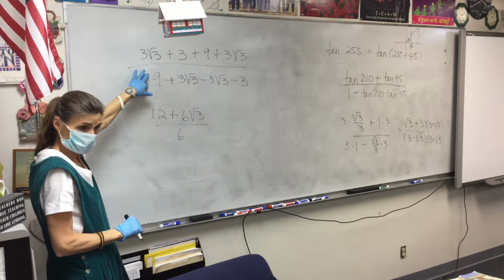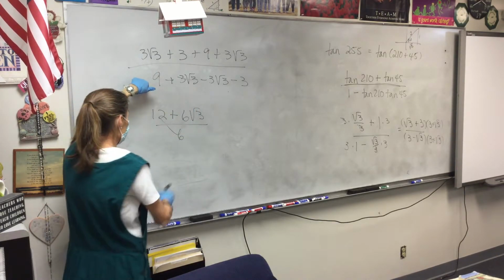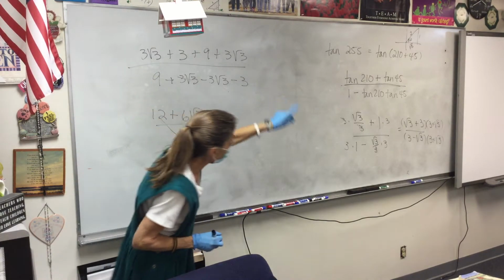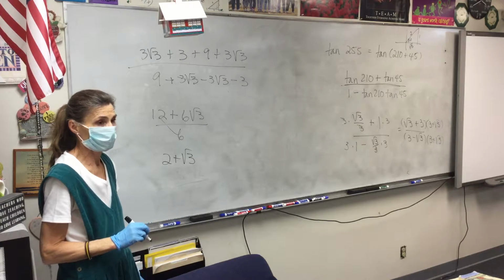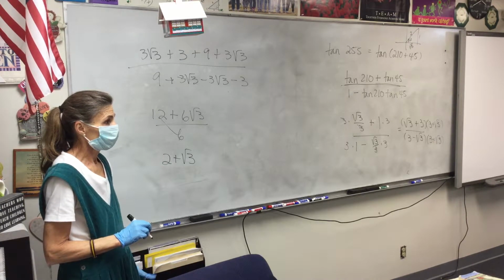Now can I cancel anything? Yeah, now I got my triangle going. I can cancel. 2 plus root 3 is the answer, the exact tangent of 255. Okay?